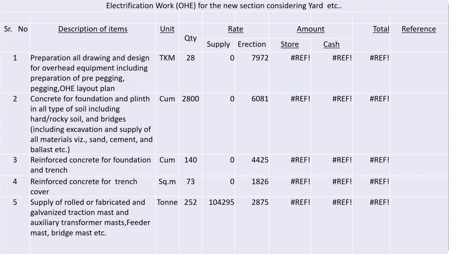Then you should know the type of mast, where you have to provide what type of mast. That is also a big thing. Suppose for a normal mast we can use B150. That means single OHE, one conductor will run, one cantilever, then you can use B150.